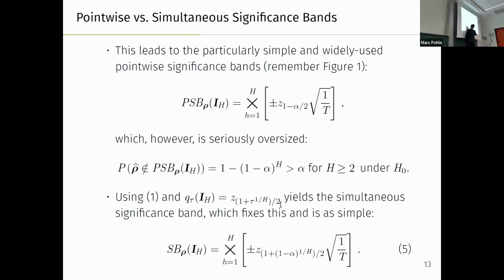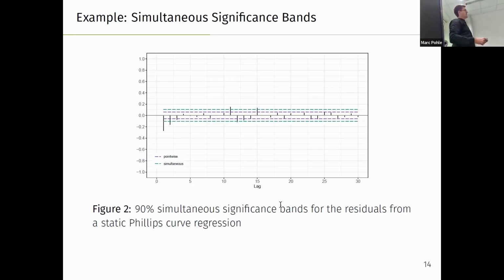So for the simultaneous bands, you simply have to replace this standard normal quantile by this one, and it's that easy. The calculation is elementary because of the independence, so you don't need the sup-t quantile. You can calculate it in 2 lines. So that easy are the simultaneous bands.